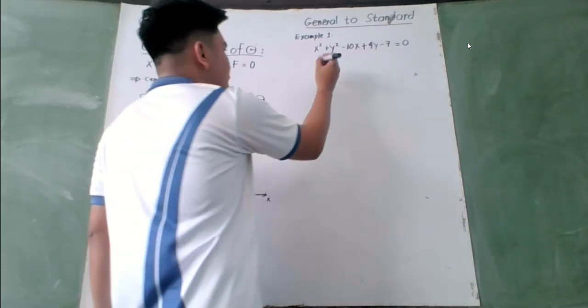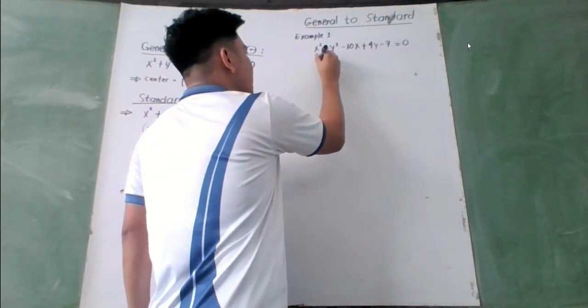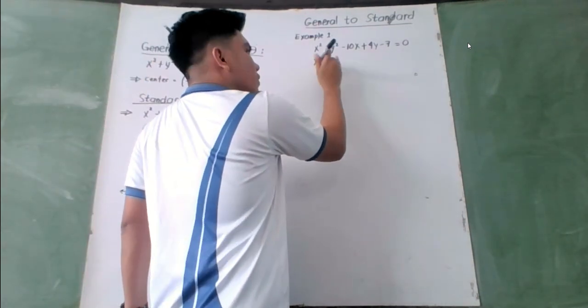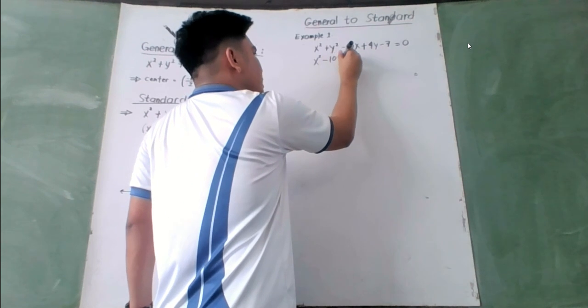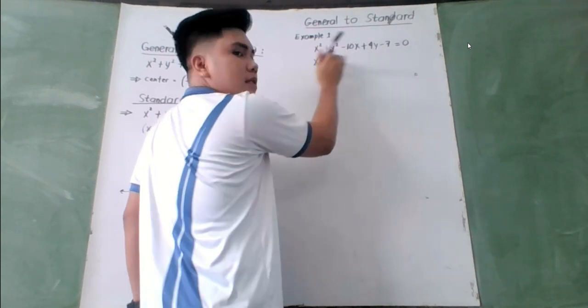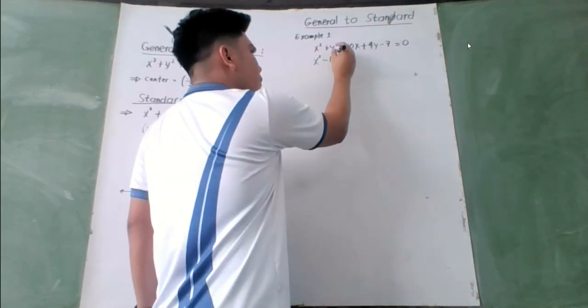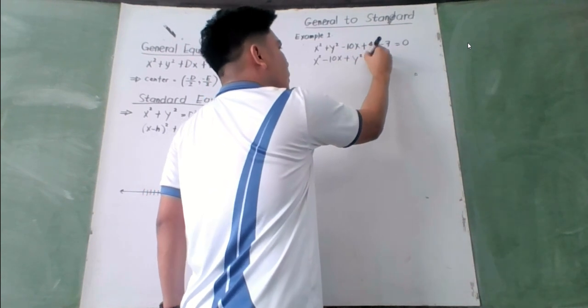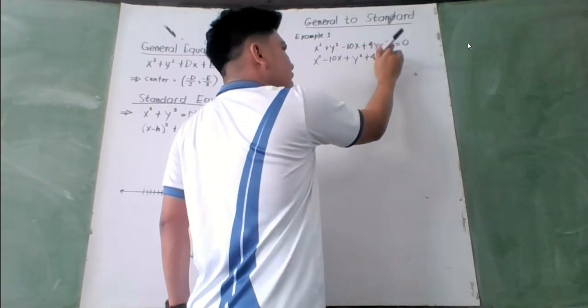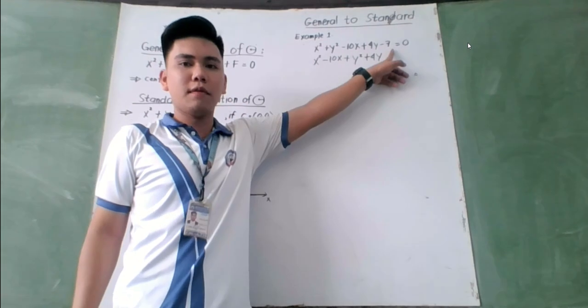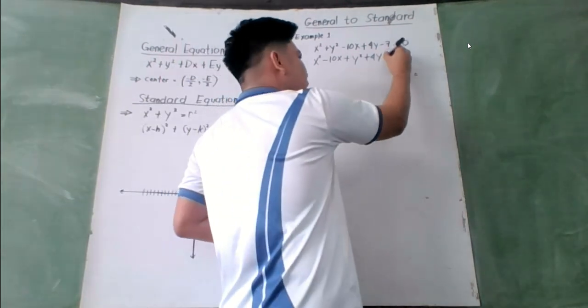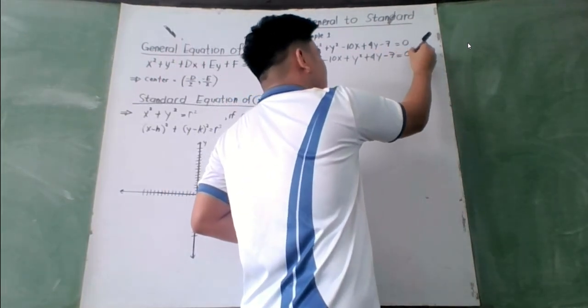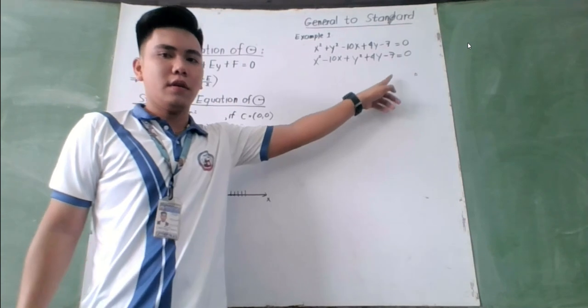So you can combine x squared minus 10x, these two here, then y squared and 4y. Negative 7, we only have one constant value, so just bring it down, equal to 0.